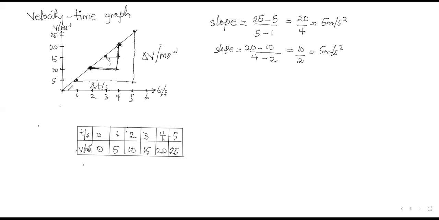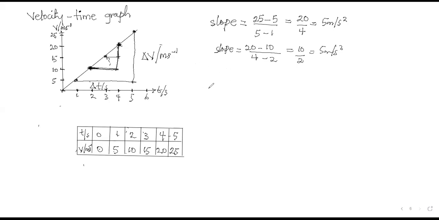So we realize that when you have a motion such that the body's speed increases in equal intervals against equal time intervals, the body has a uniform slope.